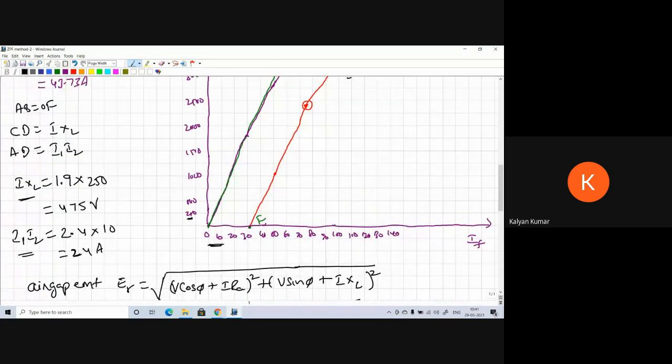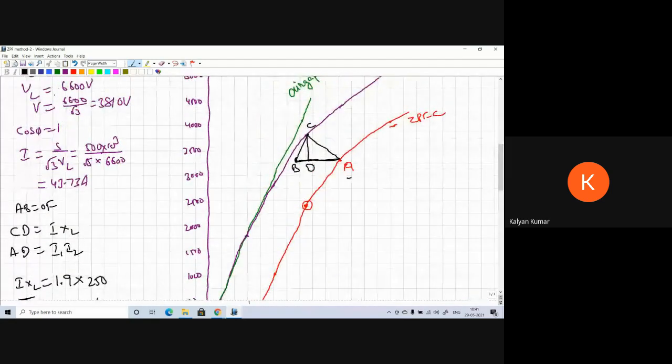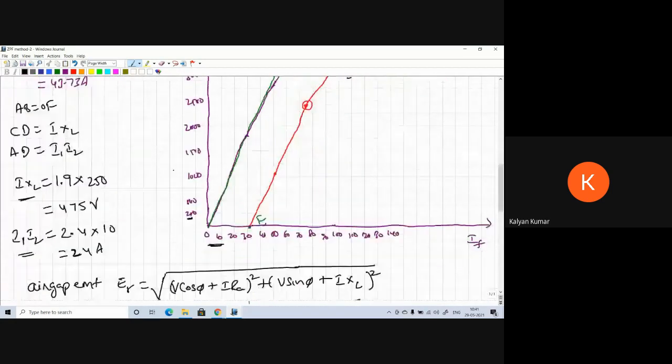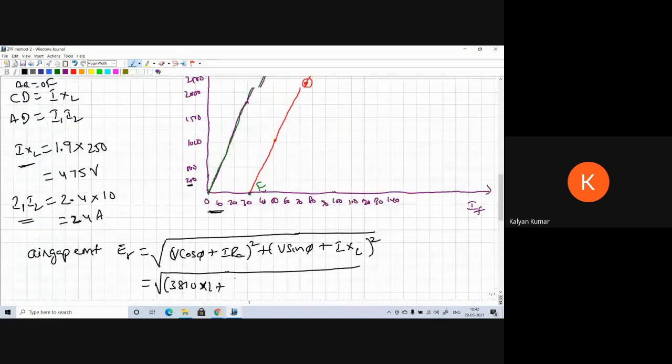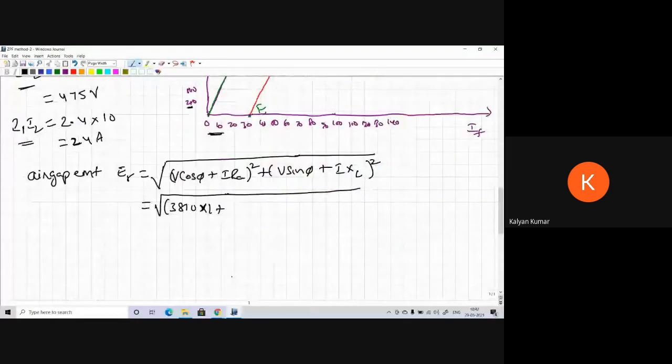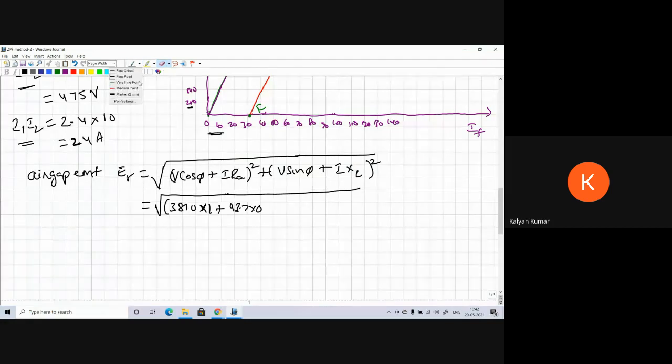Here, how much is V? V equals 3810. Power factor cos phi is unity. IRa, I is how much you got? 43.73 into 0, so the entire term becomes 0. Whole square plus 3810 into 0 plus IXL.